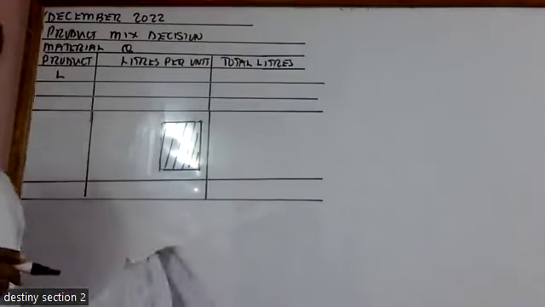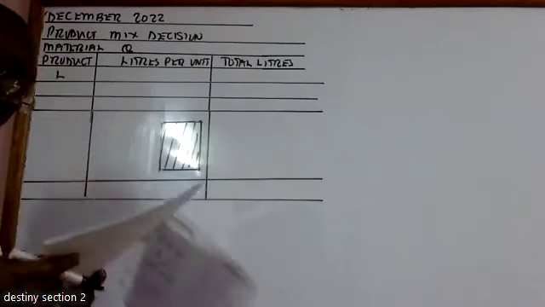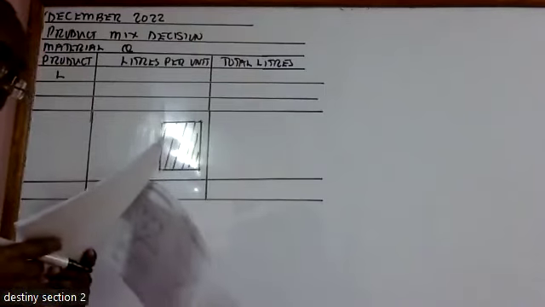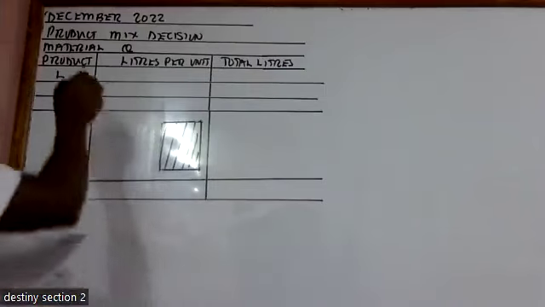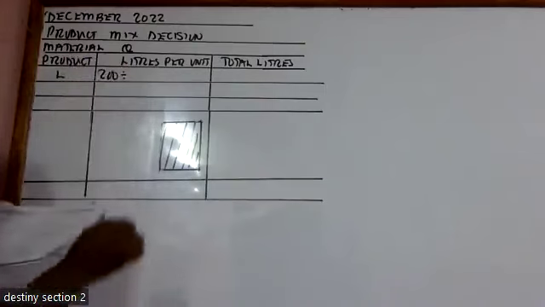Okay, so the first product is product L. You can see in product L, for material Q, it has 200 shillings. And every liter is going for 25.